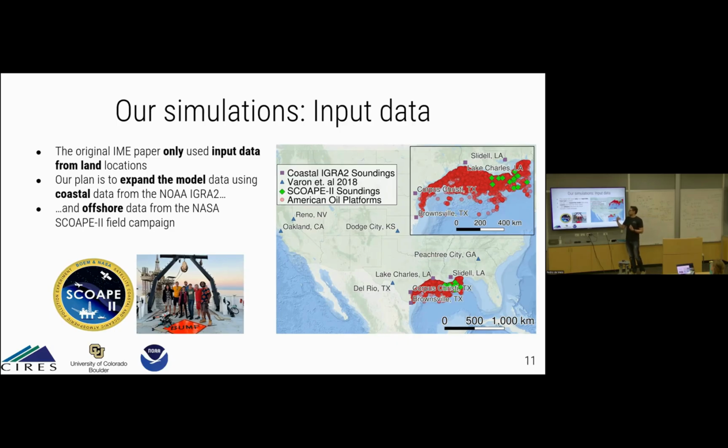So our plan was to expand the model data using coastal data from the same database that's in the original paper, the NOAA IGRA2, and offshore data from one of our collaborators, which was two of them actually. They took part in the NASA SCOPE 2 field campaign, which was a field campaign that measured oil and gas emissions in soundings at those locations in the Gulf, at some offshore oil and gas platforms.